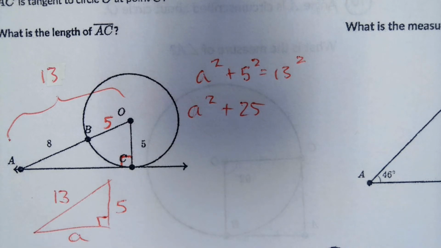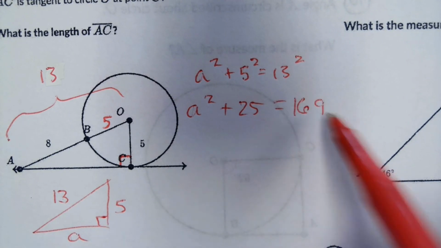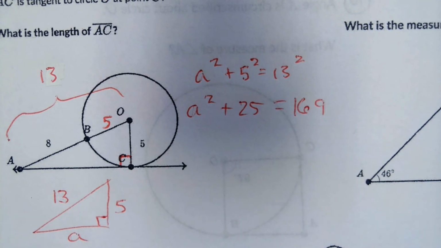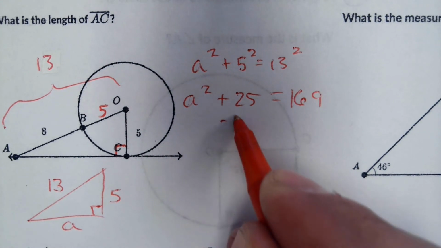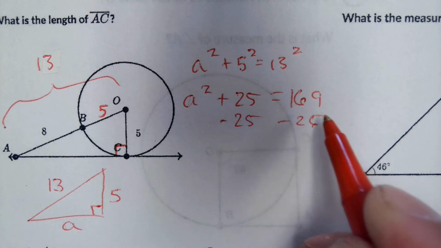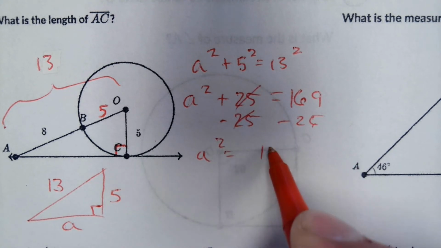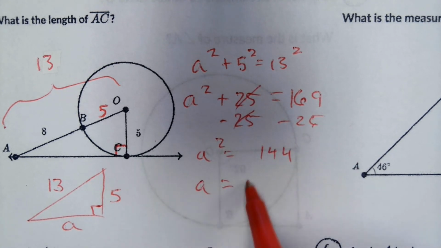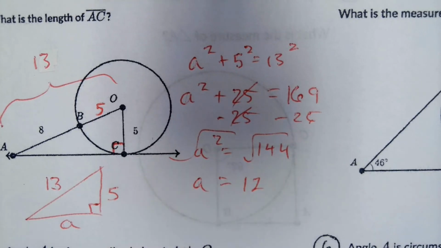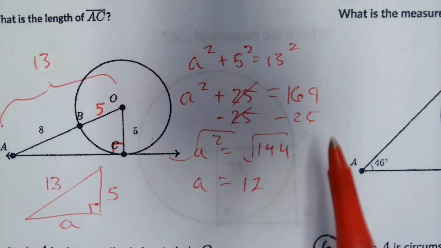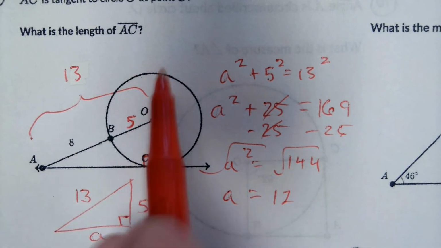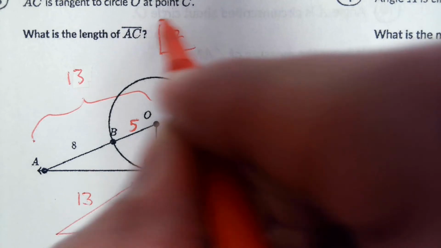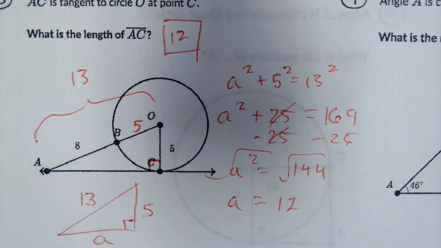Does that make sense to you? So we could subtract 25 from both sides, and a squared equals 144. Square root, a equals 12. And then that's actually our answer. AC is that bottom length, so we can say AC is 12 units long.